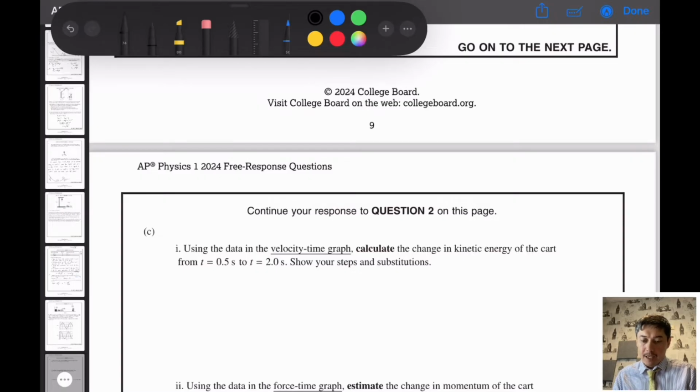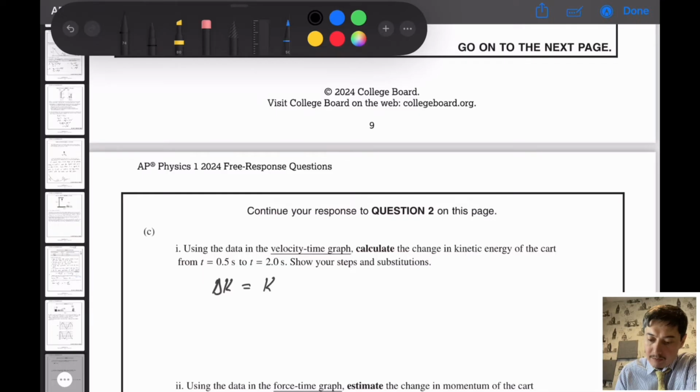First question, part C, first question. Using the data in the velocity time graph, calculate the change in kinetic energy of the card from time t equal to 0.5 second to time t equal to 2 seconds. So we want to find change in kinetic energy.